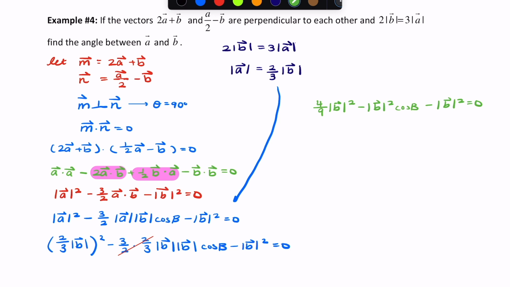And here, 4/9 vector B squared minus B squared will give us negative 5/9 vector B squared is equal to vector B squared cos beta. Divide both sides by vector B squared. And here we're left with negative 5/9 is equal to cos beta, and therefore beta will be equal to 124 degrees.